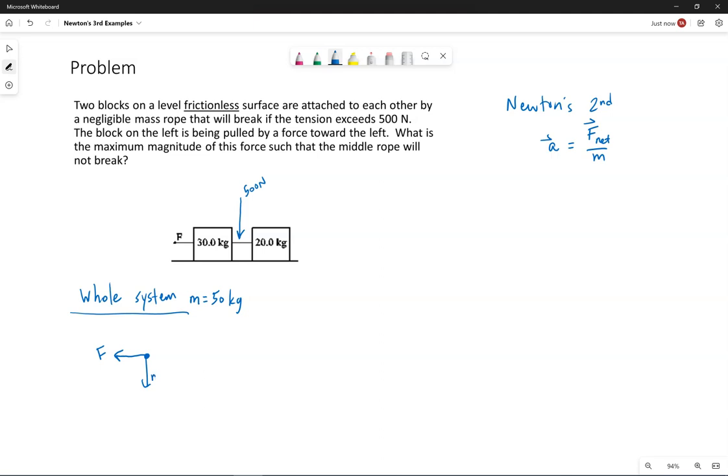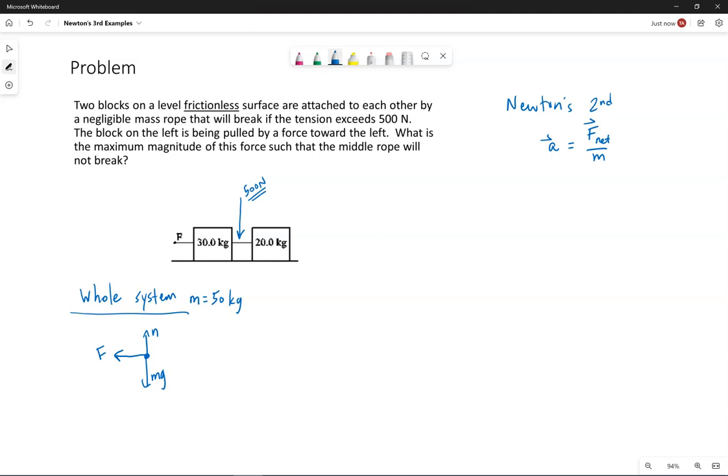There's a normal force and a force of gravity acting on it. We're assuming this frictionless surface, as the problem indicates. When we look at the system, though, as if it were just one big 50 kilogram mass, we do not end up seeing the tension in between the two boxes. And that's because it's internal to the system.